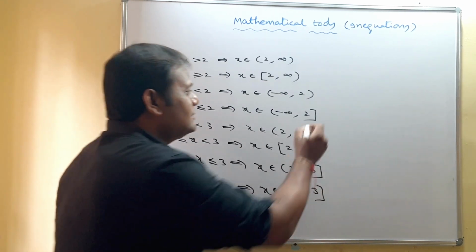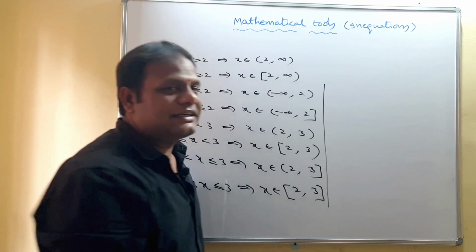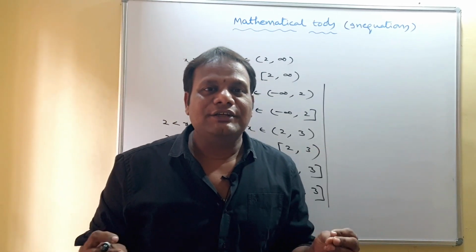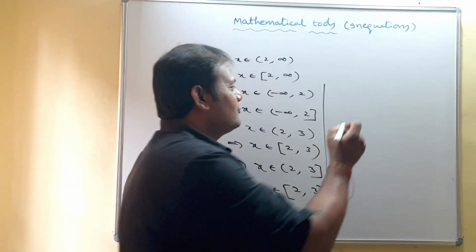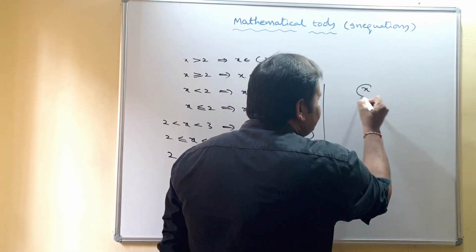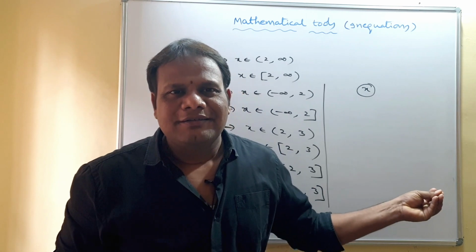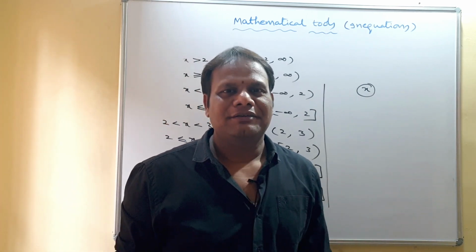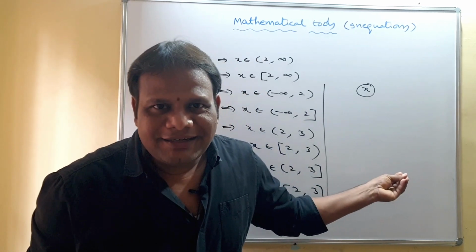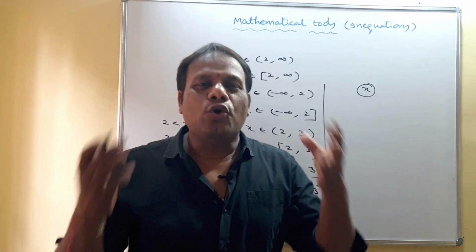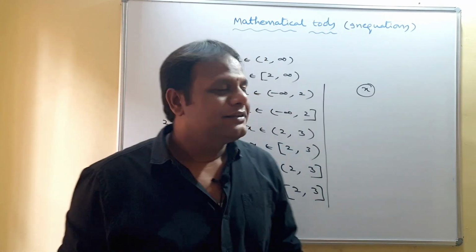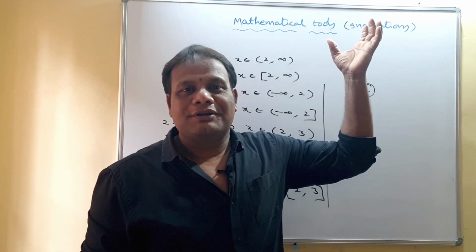Okay, right. Before closing this session, my last question to you: what is x? I mean, is it a positive number or a negative number? Can you tell that? Many students think that x is a positive number. Why?